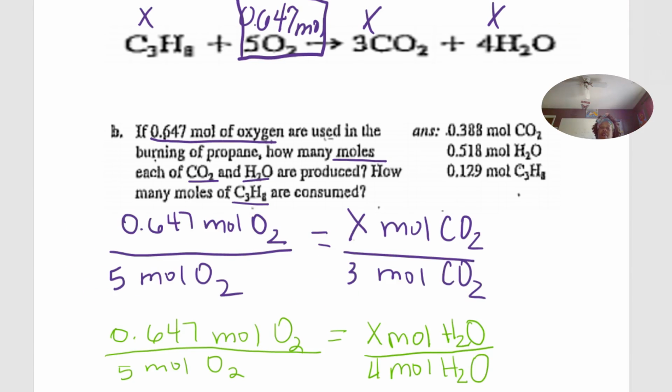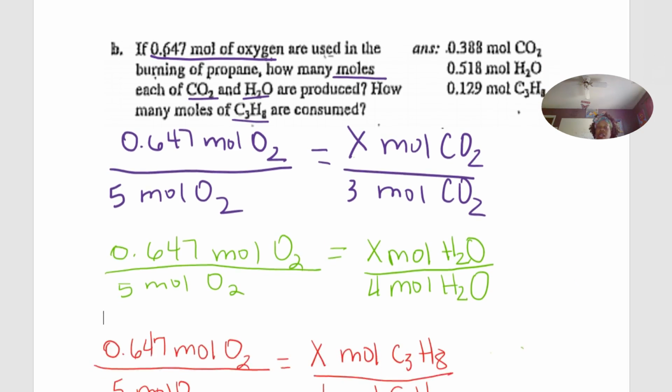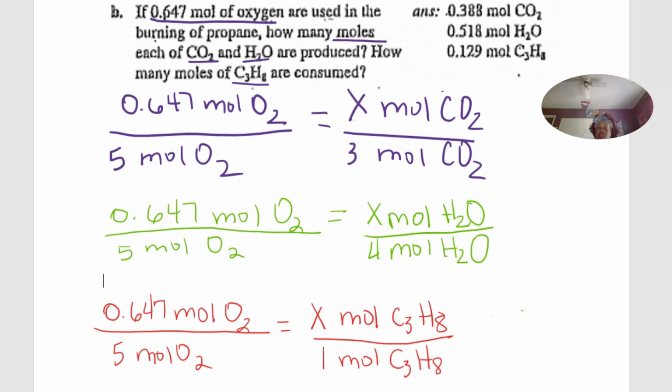As you can see, I've got the 0.647 moles of oxygen over 5 moles of oxygen, and that's equal to X moles of water over 4 moles of water. Again, I'm looking for that new X. Then I've got one more X that I'm going to be solving for, and that's for propane. So I have, again, 0.647 moles of oxygen over 5 moles of oxygen, equal to X moles of propane over 1 mole of propane.